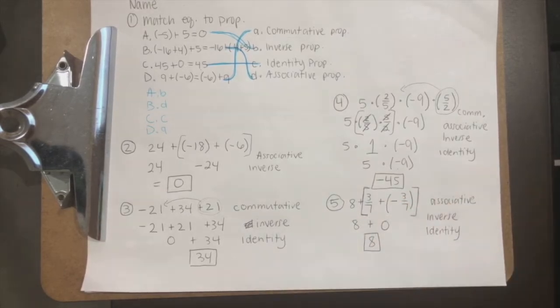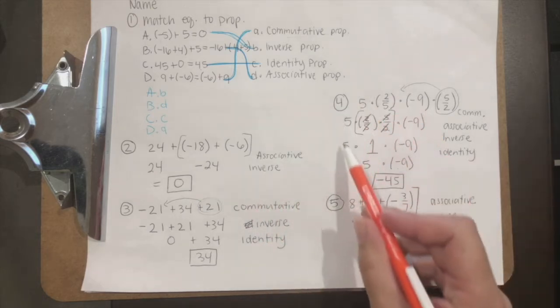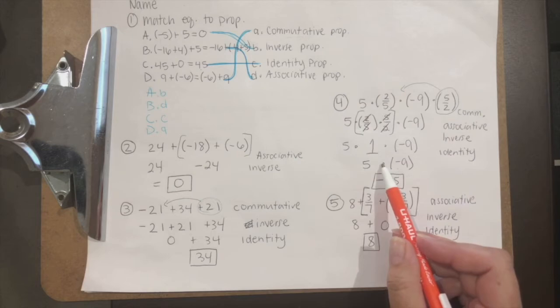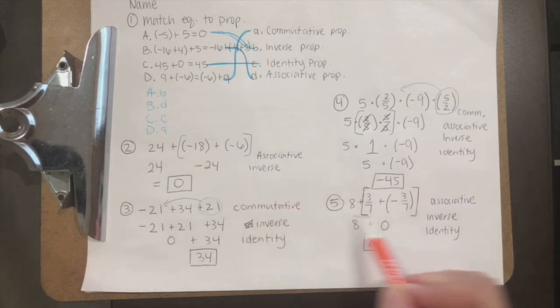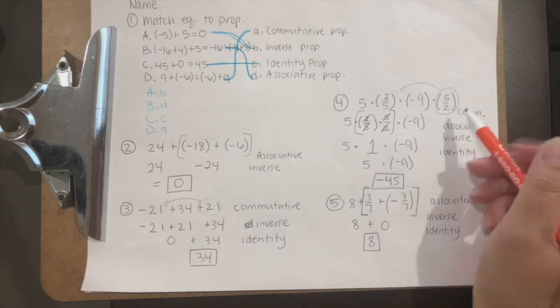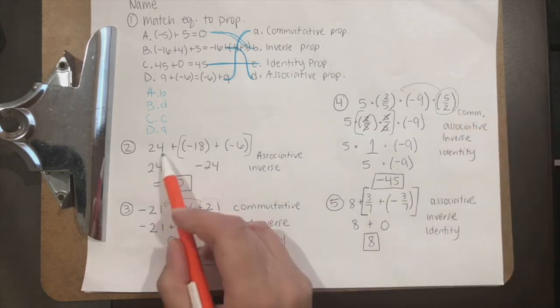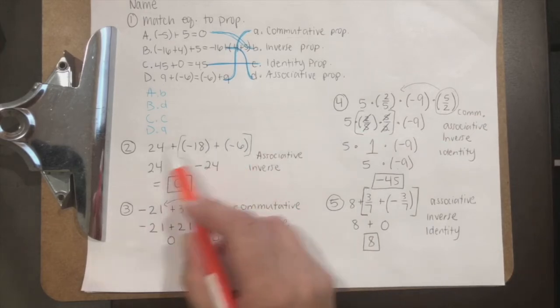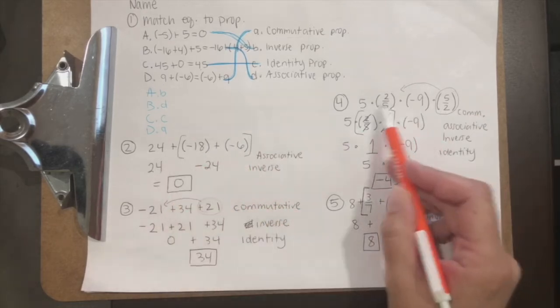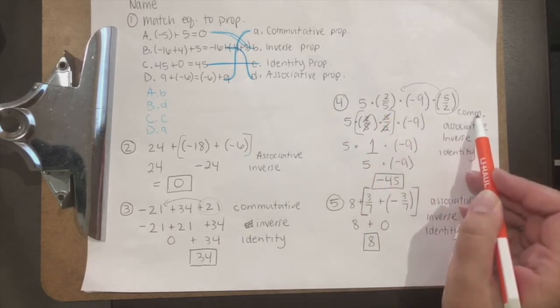Okay. So just be careful on number 4, because number 4 is multiplication, whereas these other ones are addition. Some of the differences are that the commutative property works pretty much the same, because if you're adding a bunch of integers, they can just switch order. If you're multiplying a bunch of numbers, they can just switch order. So commutative works very similar.